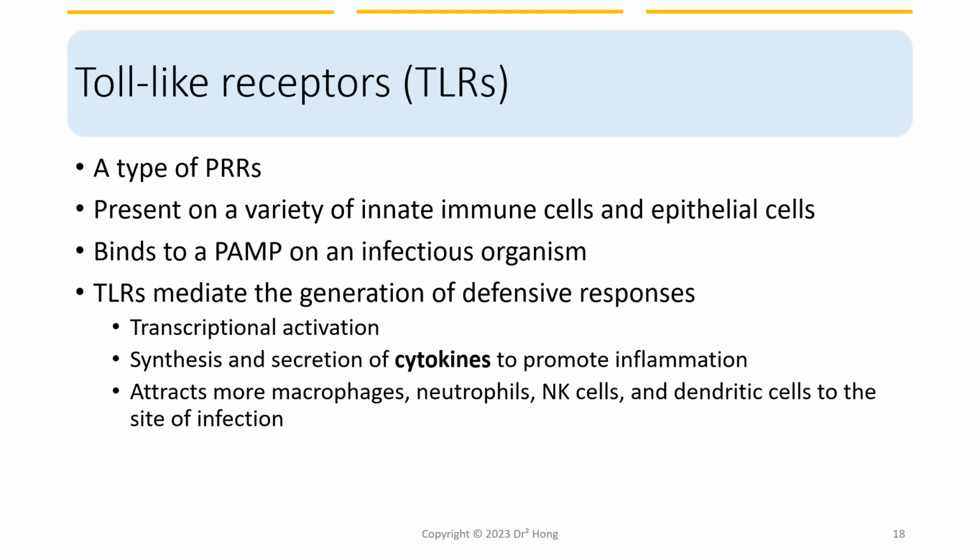Among all of the pattern recognition receptors, let's focus on toll-like receptors for a detailed discussion. Toll-like receptors are present on a variety of innate immune cells and epithelial cells.